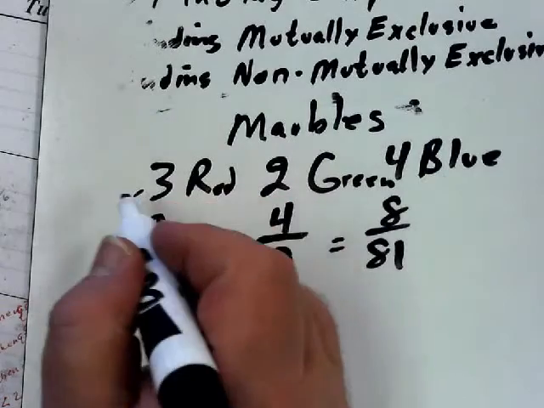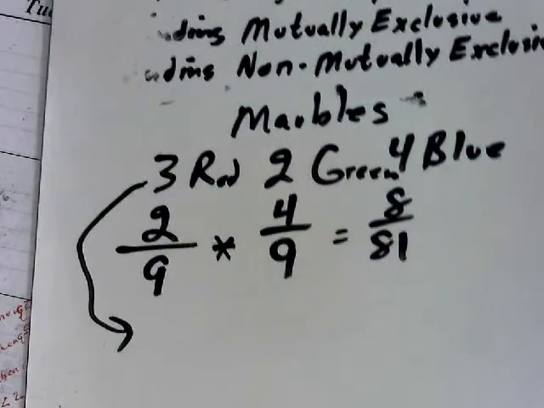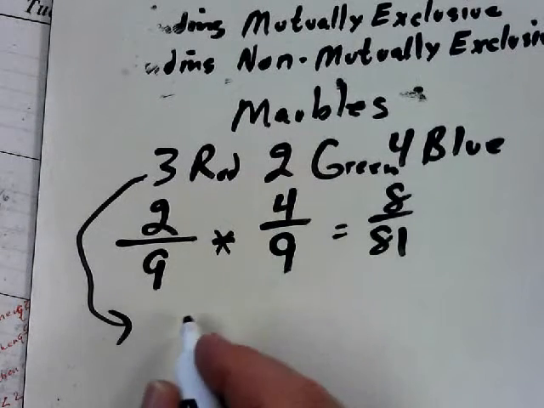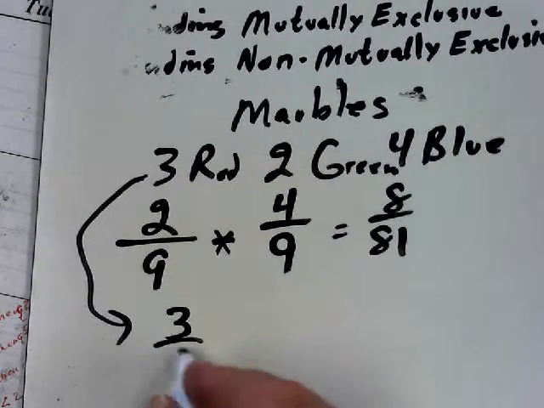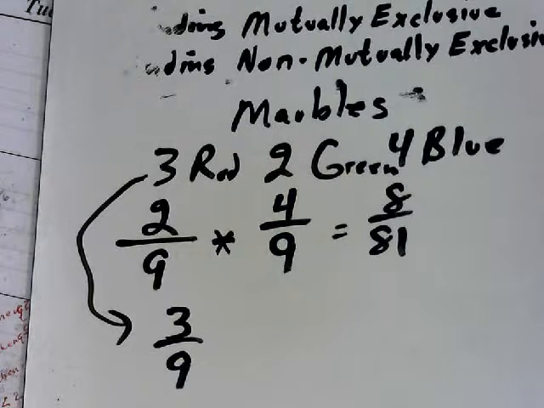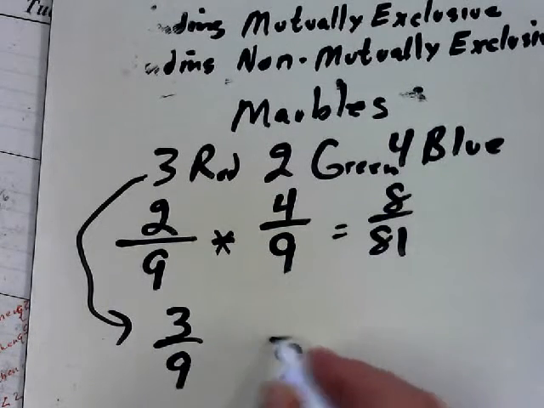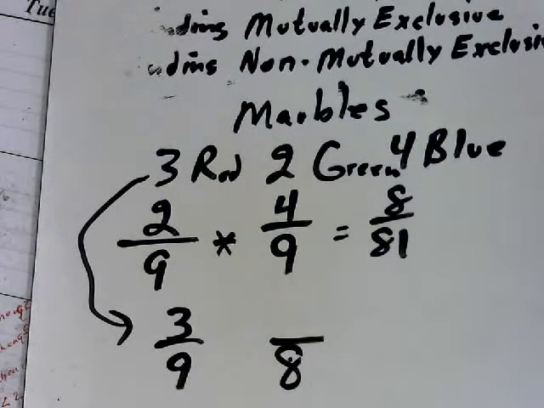What if I started with that same bag of marbles and I wanted to draw 3 red ones, 3 over 9, but I didn't replace it? How many total marbles would I have then? 8, and the next time I wanted to draw a green one.